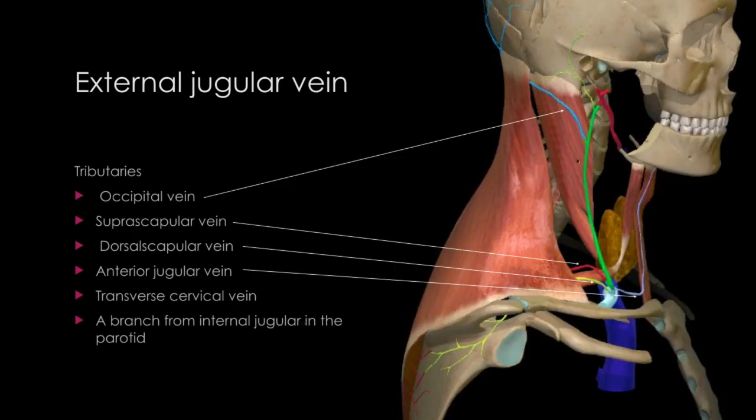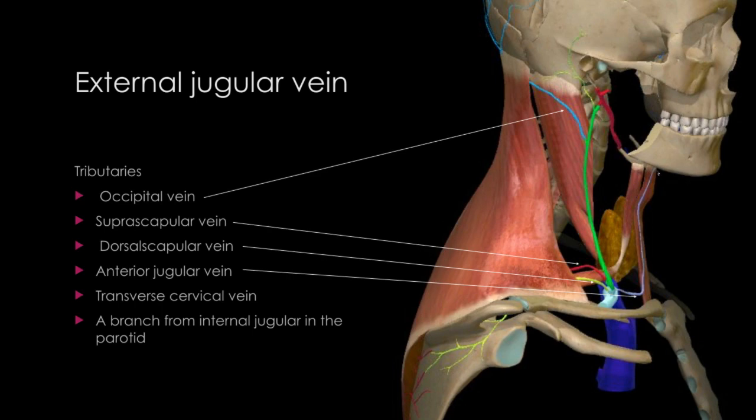The tributaries are the occipital vein and the suprascapular vein, which is colored in red here. You can also see the suprascapular veins here. The dorsal scapular vein, which is colored in yellow, you can see here as well as here. This is the dorsal scapular vein.